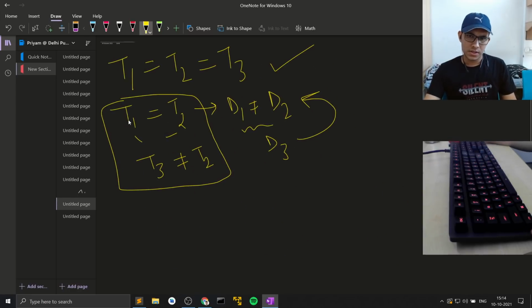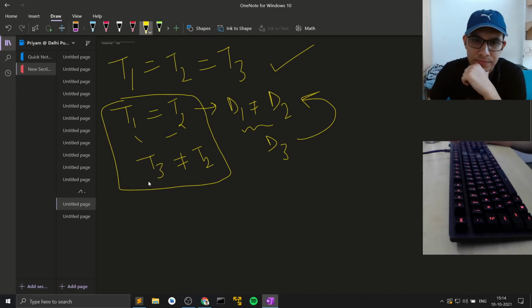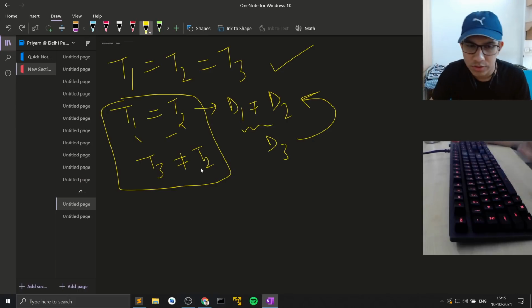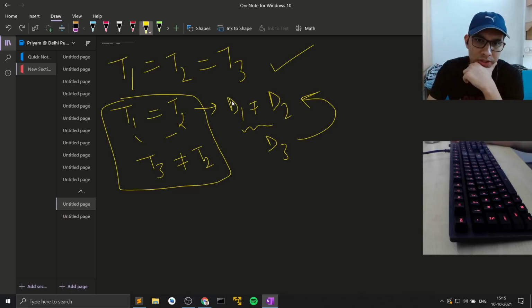Okay, for this part, right. If T1 is equal to T2 and T3 is not equal to T2, then this is what we want.